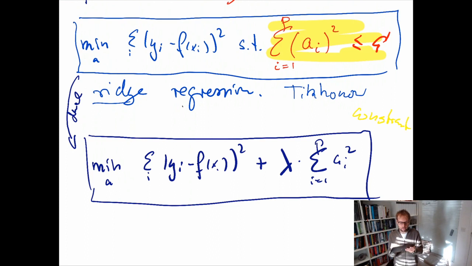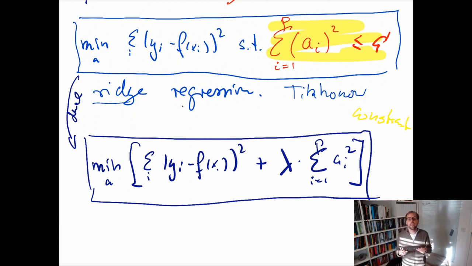The nice thing is that now it's unconstrained, it's just a single minimization here. Now you see those terms are obviously related. I have the quadratic term, which is obviously related to the other quadratic term above, and it's dual in the sense that c and lambda are related.